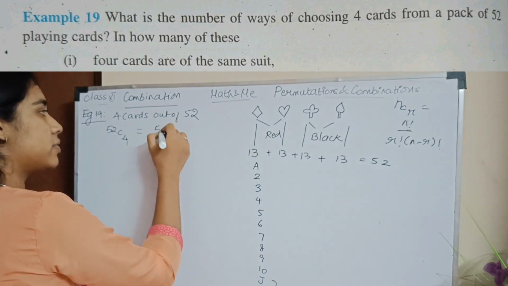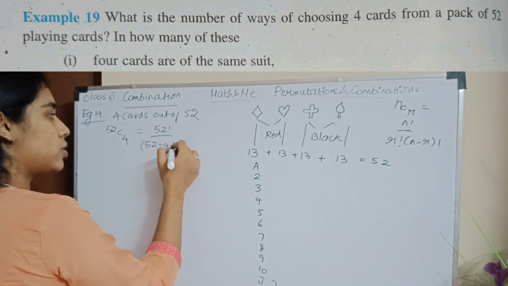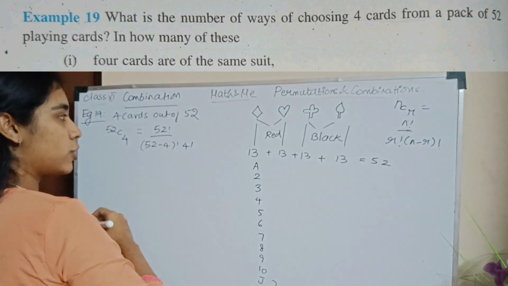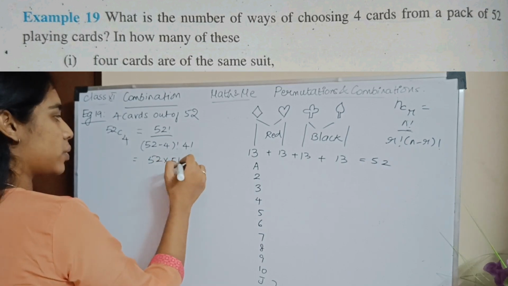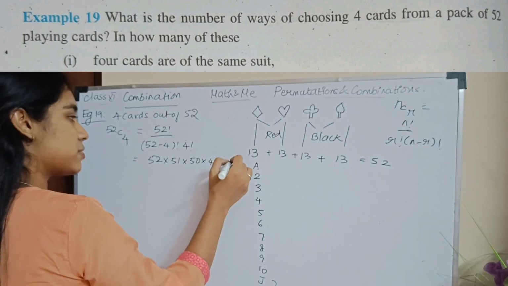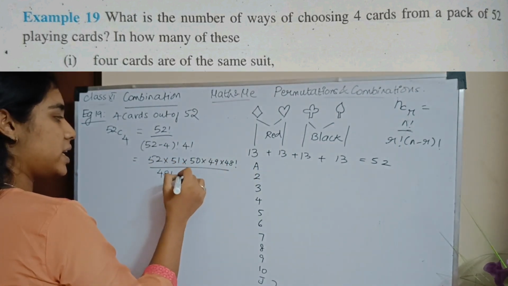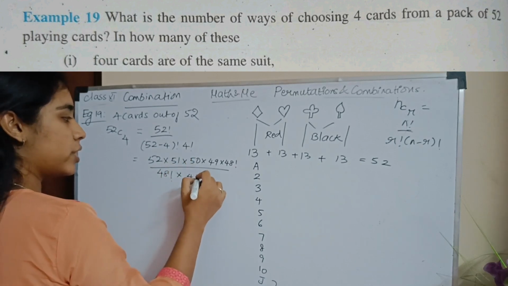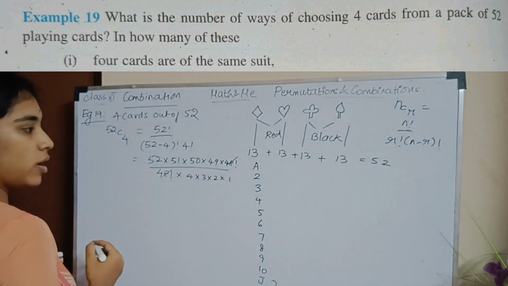So it will be 52 factorial divided by 52 minus 4 the whole factorial times 4 factorial. So this will be 52 times 51 times 50 times 49 times 48 factorial divided by 48 factorial times 4 factorial, and 4 into 3 into 2 into 1. So 48 factorial and 48 factorial will go off.